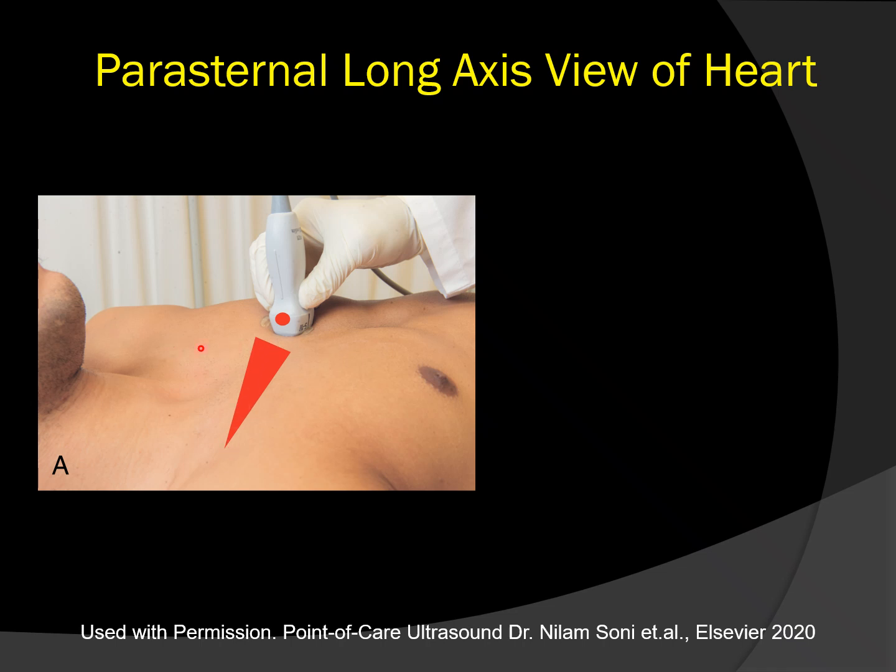You will notice that the probe is just lateral to the left side of the sternum. The examiner marched their way down the parasternum until they found an optimal viewing point, and typically it's that first or second viewing point which is the optimal place to start your scanning and image acquisition. Typically this is between the second to fifth intercostal space.